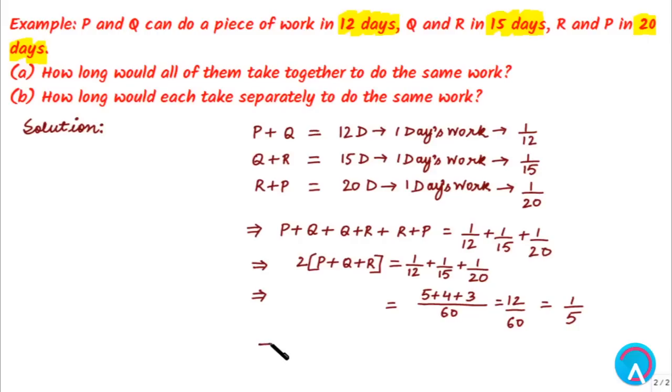This implies that P plus Q plus R, their work in one day, taking this 2 to the other side, will become 1 by 5 multiplied by 2 is equal to 1 by 10.